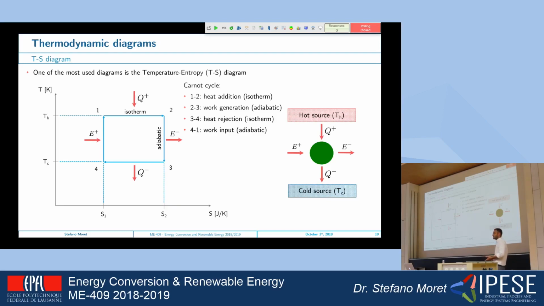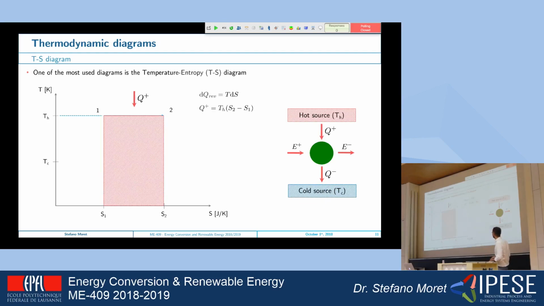Why is this representation so interesting? If you remember what I showed you before, for a reversible cycle, we can write this equation: the differential of the heat is equal to T dS. So if we integrate this equation, we see that the red area here is the amount of heat that we are giving to the system.